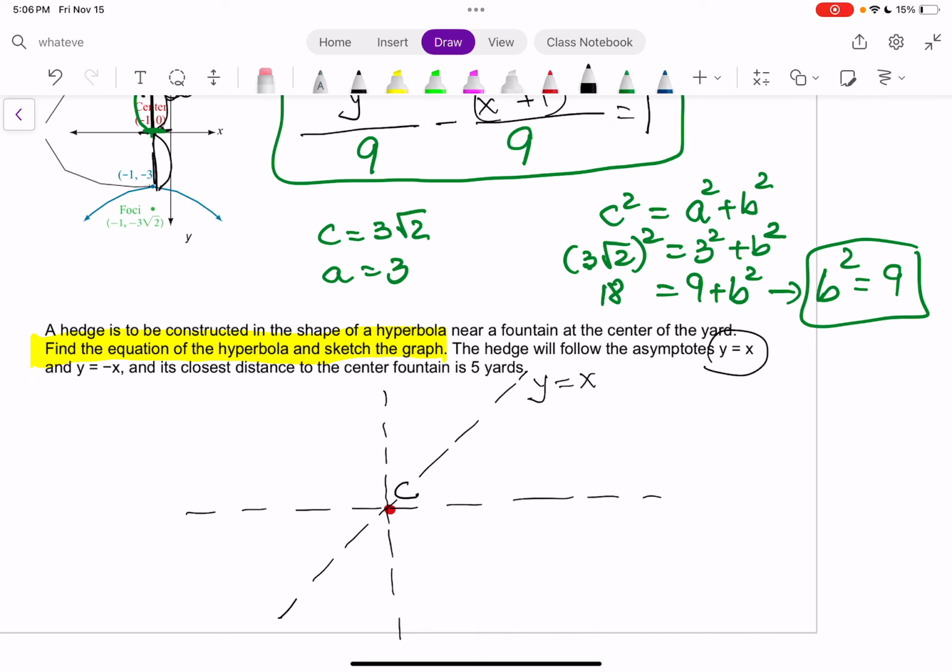So the slope is 1, yes? And y equals negative x. So plus or minus 1 are those slopes that we were counting. Then it says its closest distance to the center of the fountain is 5 yards. So here is your hedge.